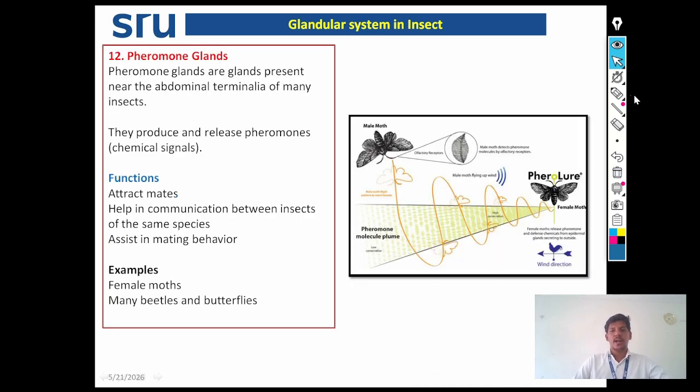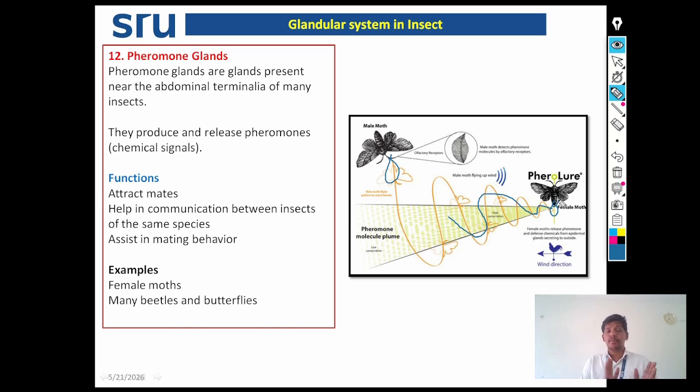Next, pheromone gland. See here, a female moth is releasing pheromone that is detected by a male moth. Pheromone glands are present near the abdominal terminalia of many insects. They produce and release pheromones, that is, chemical signals.